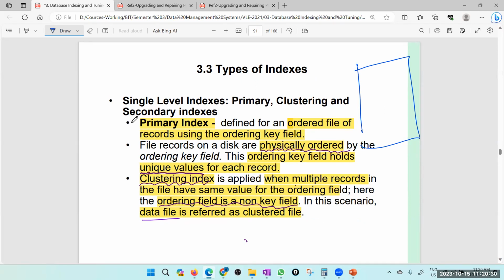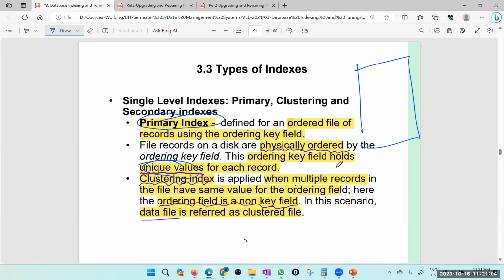Usually we sort our data file based on the primary key field, physically ordered. Then we say that we have a primary index. And of course, we know that the primary key is unique. You can't have the same value twice in a primary key. Therefore, a primary index always gives you a unique value.